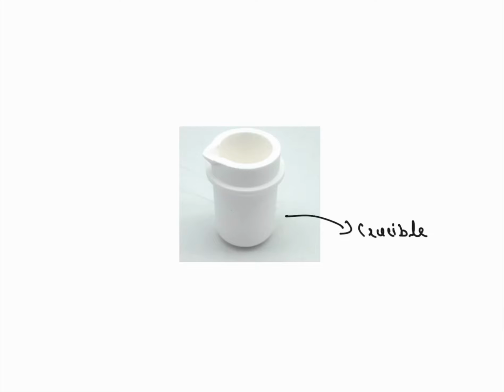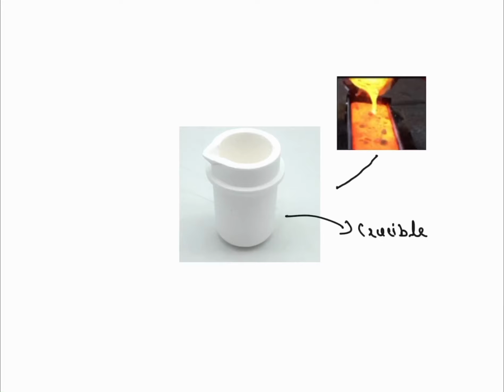We will take a crucible. In this we will melt the metal. After melting the metal, by centrifugal technique, we will fill the blank area with the help of molten metal. So there is filling of the whole area with the molten metal.